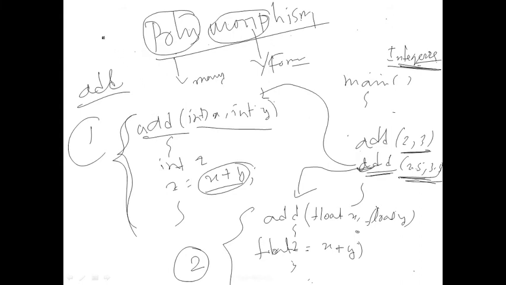This concept we call function overloading. It's a type of polymorphism, and we'll discuss it in this overview class. I said we are in the first chapter of object-oriented programming.